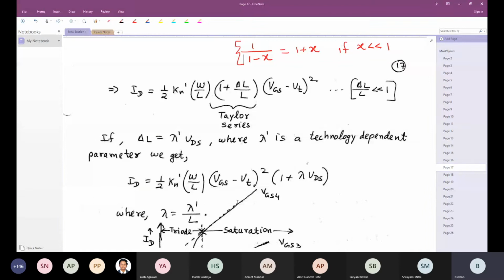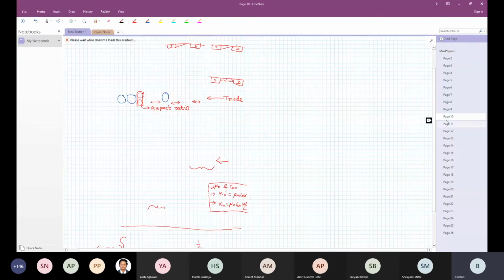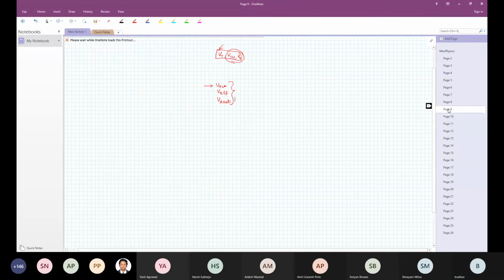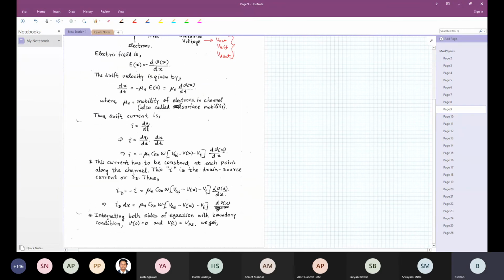I don't want to misguide you guys, but from a circuit perspective, the expression for current has L in the denominator. As I change the drain source voltage, the effective length keeps on reducing, and therefore the current would keep on increasing. Keep in mind the expression for current that we have derived is based on the drift velocity, and drifting is happening in the channel.